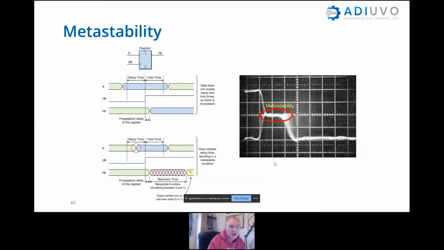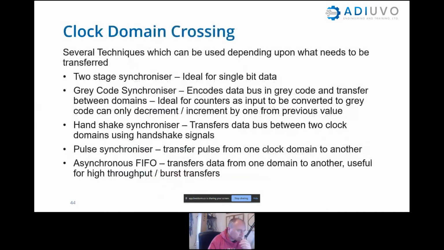and put in place the correct crossing methodologies. So when we do clock domain crossing, we can do the simple, sensible things. We can use a two-stage synchronizer to transfer a single bit of data. Unfortunately, we can't transfer bytes of data using the same approach as a single bit synchronizer, because the data as it moves through the synchronizers will become unaligned with each other.